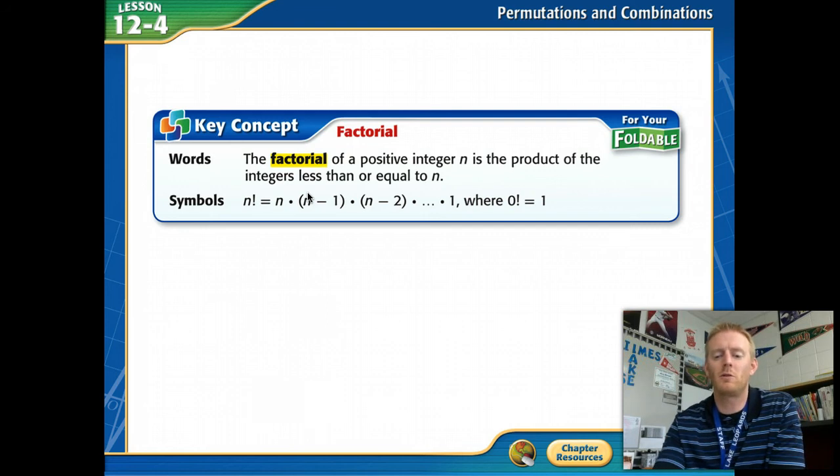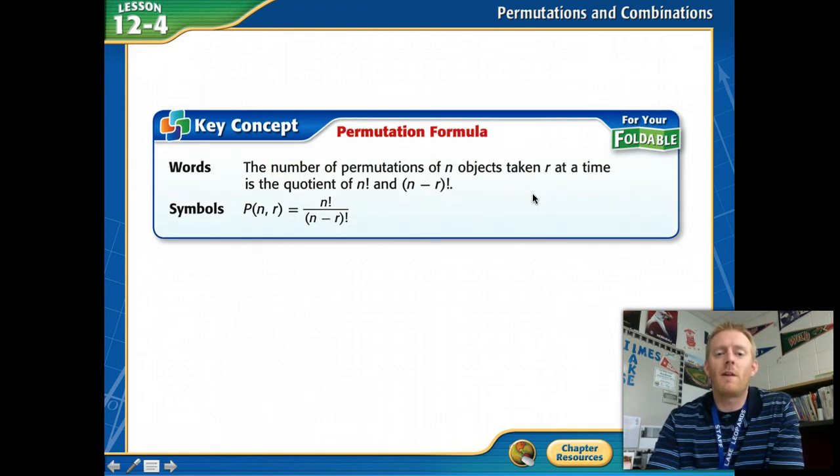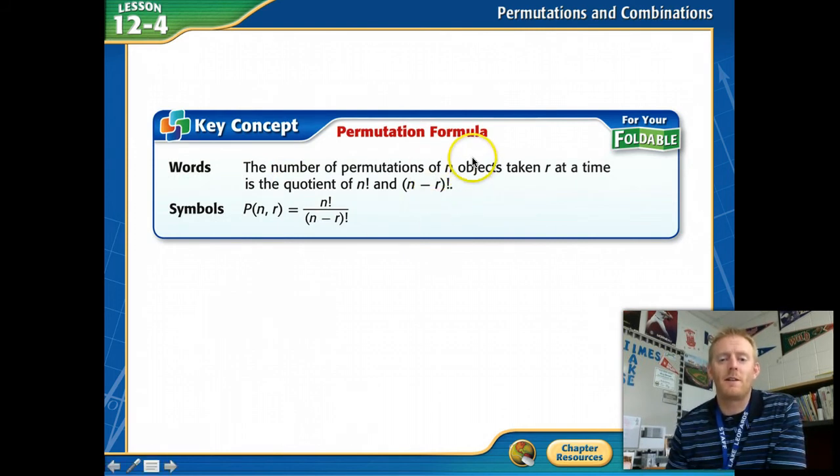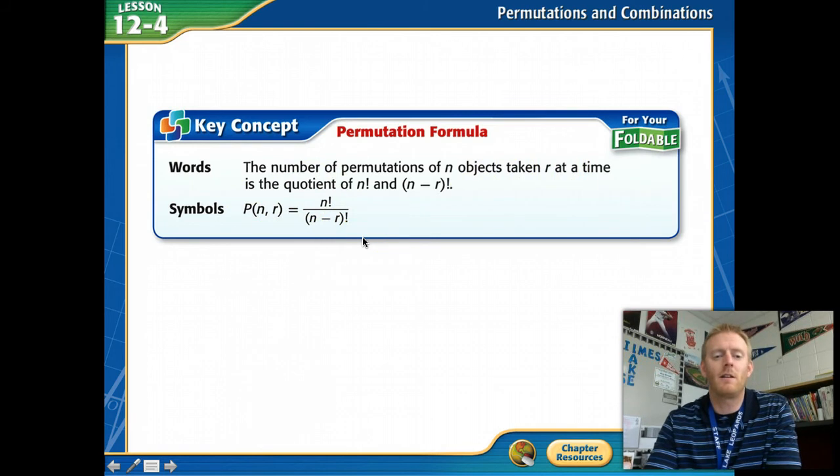So we don't use a 0. Notice here where it says 0 factorial is a 1. We also have a permutation formula. The n will be the number of objects possible, and r will be the number of things taken. You got to plug it into the formula to find the quotient of these things. So make sure to write that down.